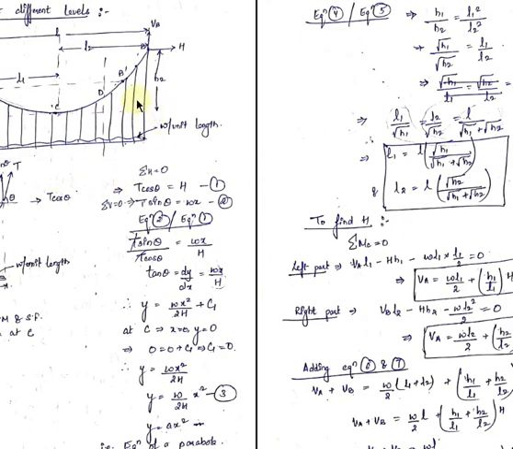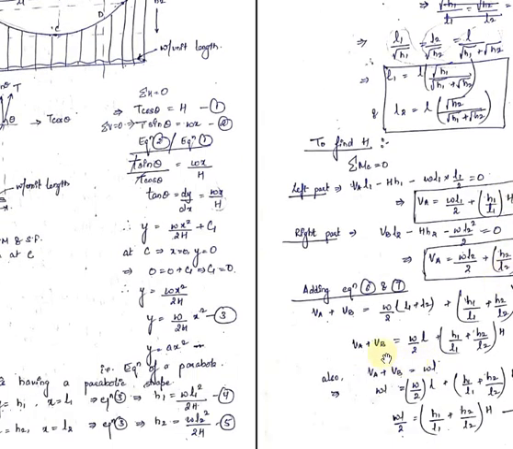Summation of all the vertical forces means all the upward force is equal to all the downward force. In this diagram you can see that there are two upward forces VA and VB. So VA plus VB equal to total downward force W, and converting this UDL into point load, multiplying the UDL into the length, you will get W into L. So total downward load is W into L and total upward load is VA plus VB. So we will get the equation as VA plus VB equal to WL.